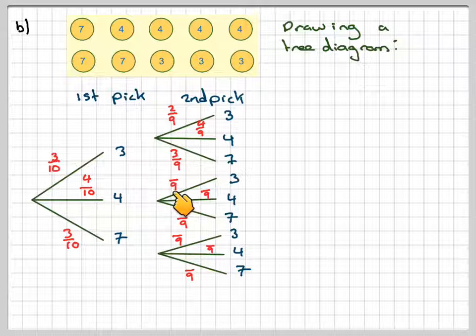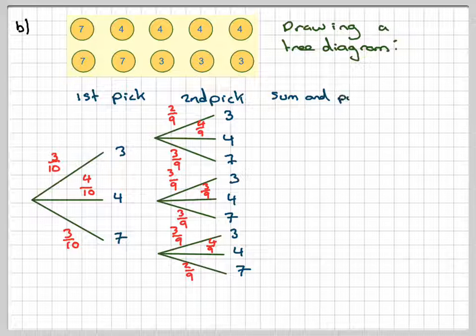This one will be 3, and then we've taken a 4 from here, so this will be a 3, and we still have 3 7s that we can choose from. Here we have taken a 7, so there will be still 3 ways of getting a 3 and 4 ways of getting a 4, but only 2 ways of getting a 7.